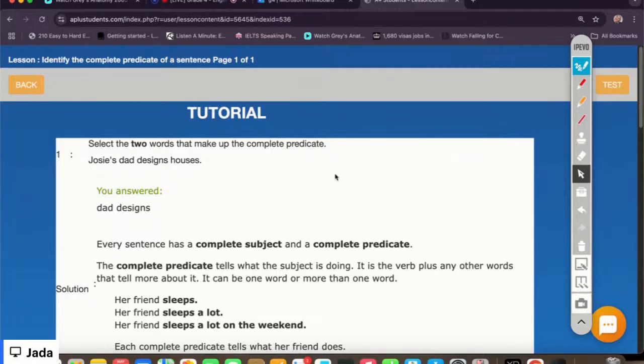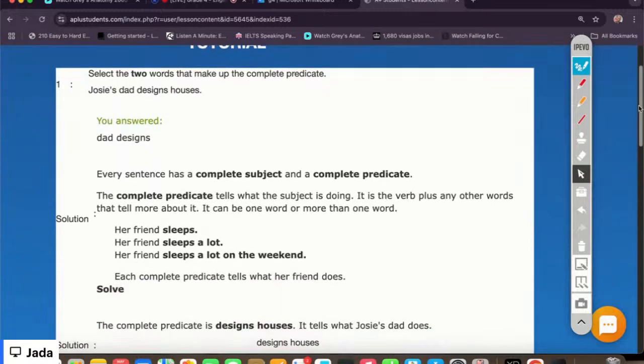All right, so we have identify the complete predicate of a sentence.